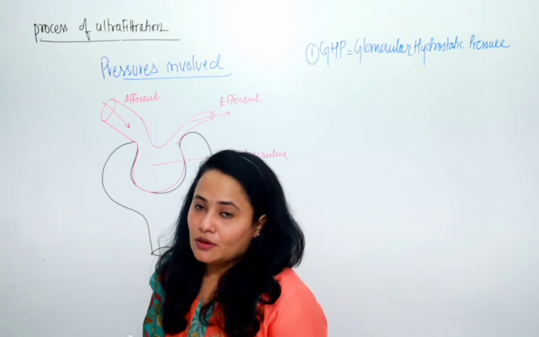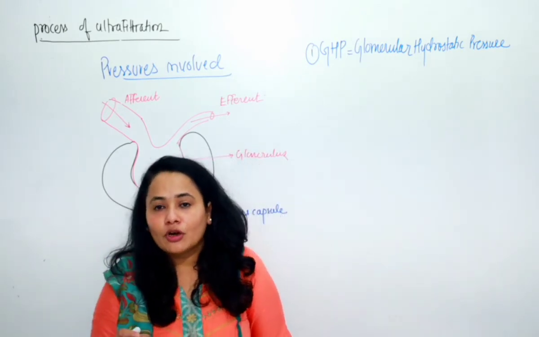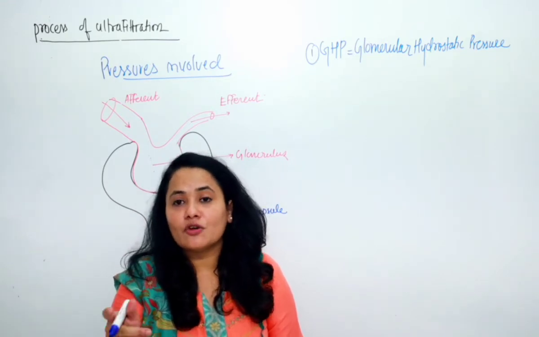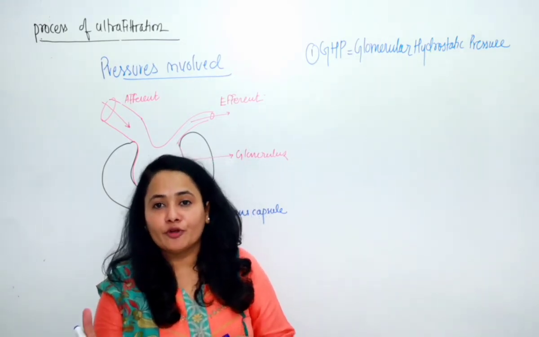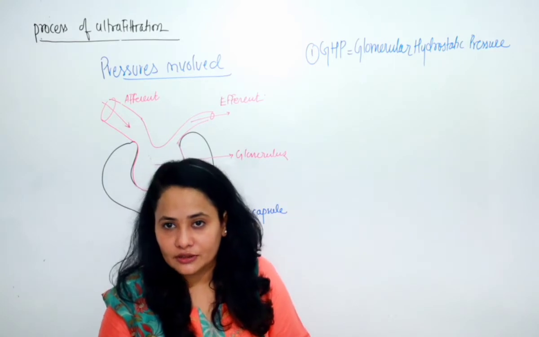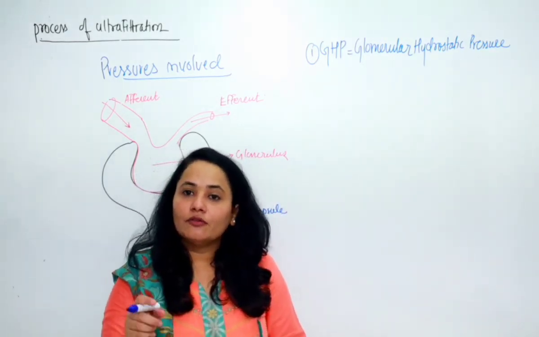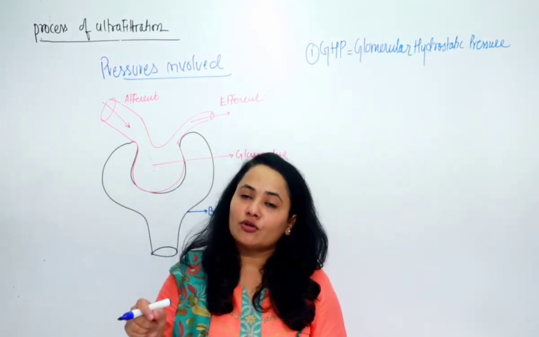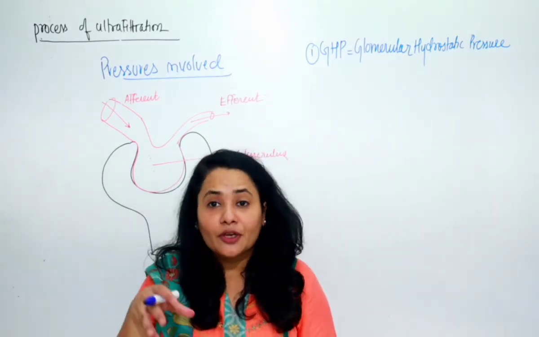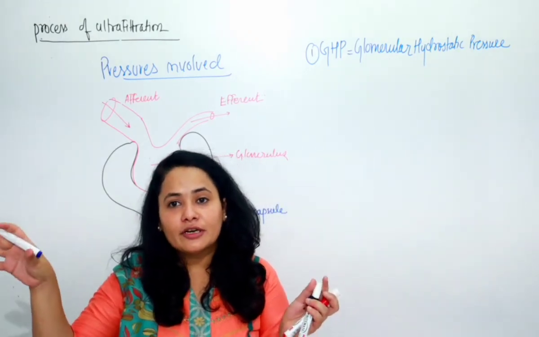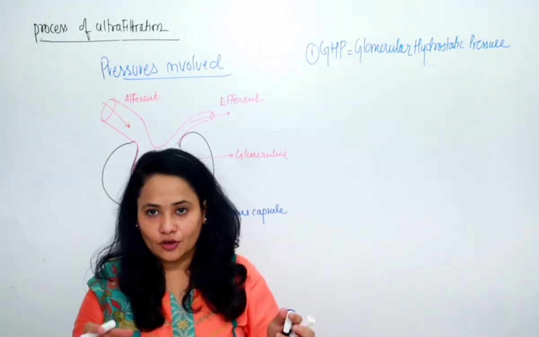What does this mean? This is the pressure exerted by the glomerulus because of the difference between the afferent and the efferent renal arteriole. I repeat again. What is GHP? GHP, the full form is glomerular hydrostatic pressure. So it is the pressure exerted on the glomerulus because of the difference of afferent and the efferent renal arteriole.